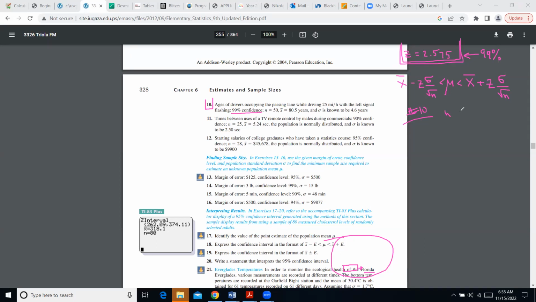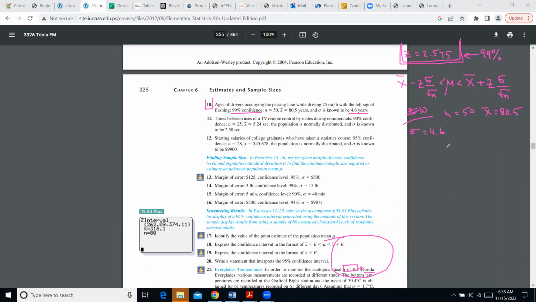Sample size n is equal to 50. The average in the sample was 80.5 years, and the standard deviation is 4.6 years.